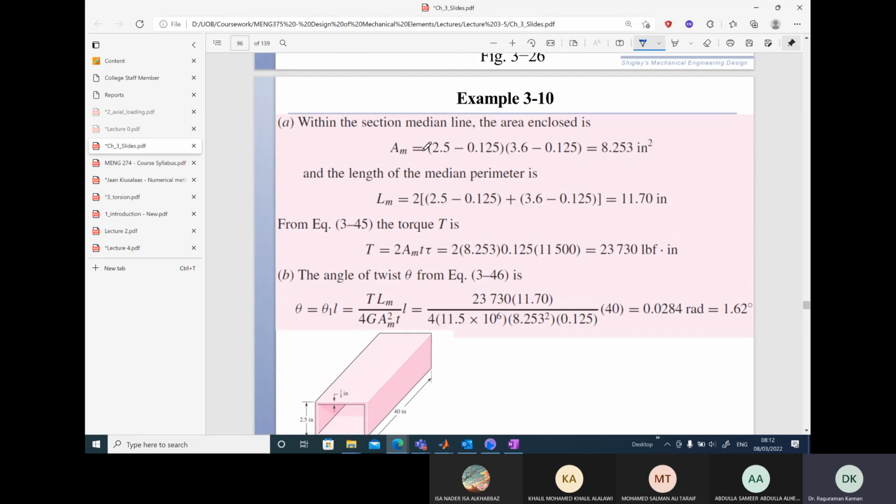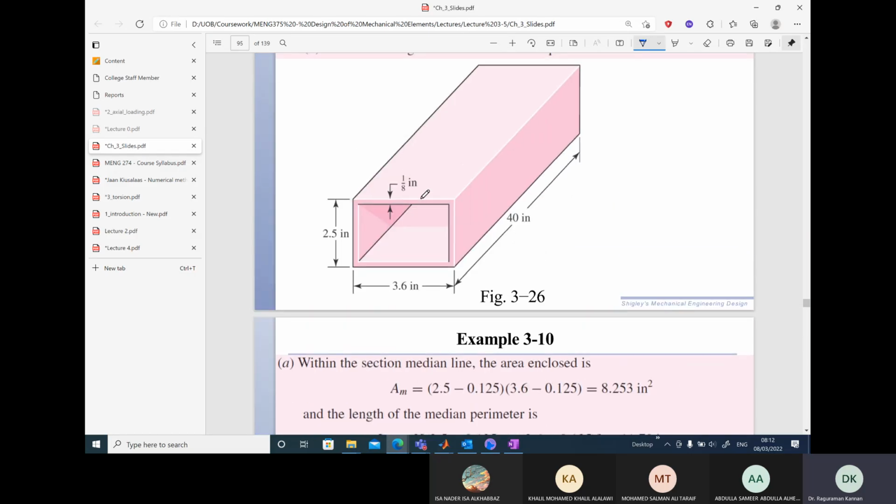Let's go to the formula here. Calculate Am, the area enclosed by the median line. The thickness is 1/8 of an inch. So which means we have to draw a median line right in the center, going through the center of the square here. Okay.